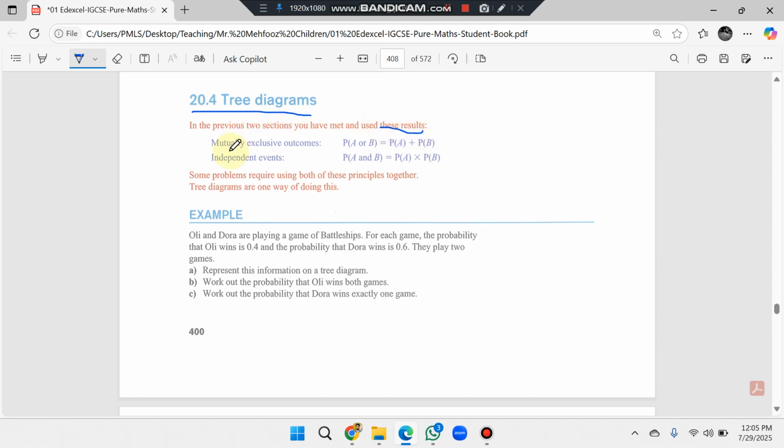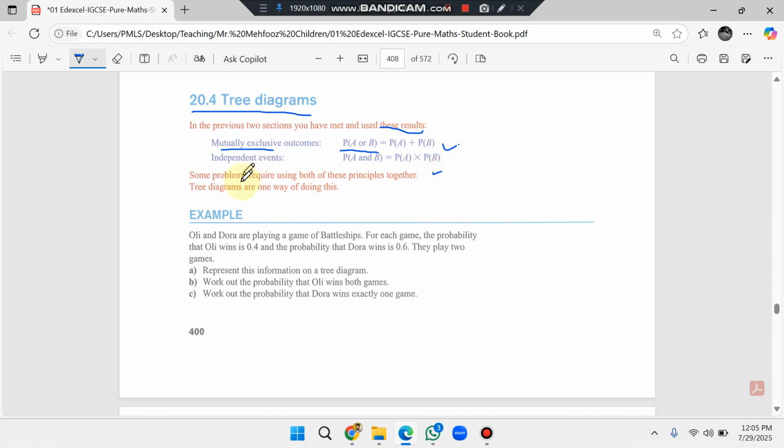When the outcomes or events are mutually exclusive, we use the formula probability of A or B is equal to probability of A plus probability of B. And for independent events, we have the formula that probability of A and B is equal to probability of A multiplied by probability of B. Do you understand?